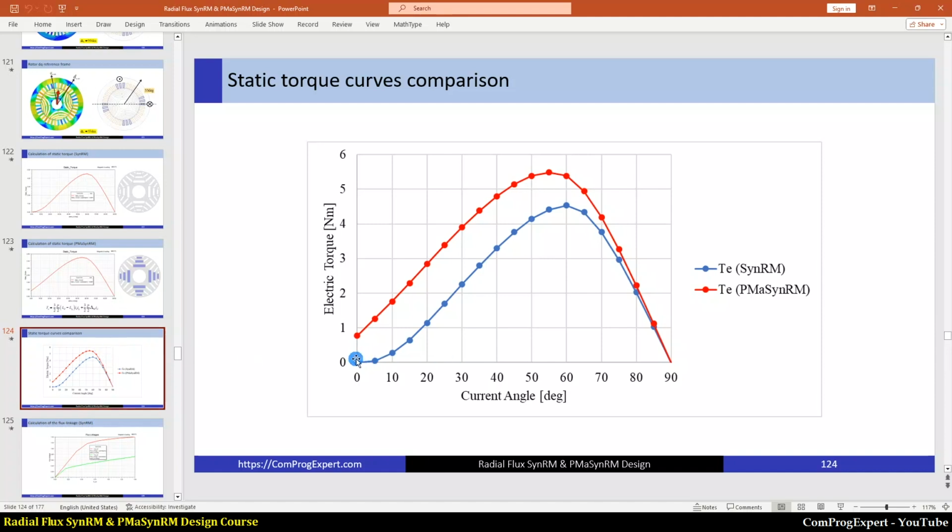This blue graph shows the static torque for the synchronous reluctance motor, and this red graph shows the static torque for the PM assisted. Here, as you can see, when the value of current angle is 0, we have this amount of torque for the PM assisted one.